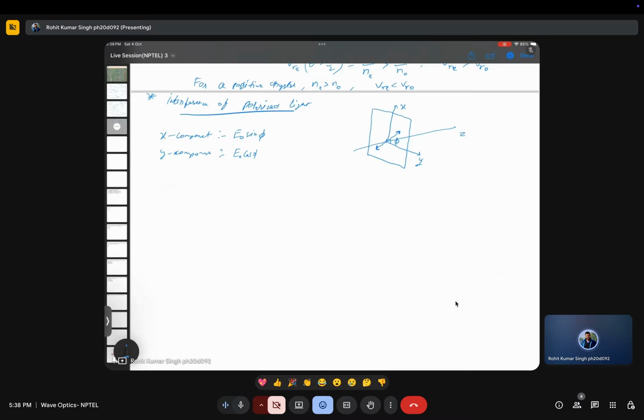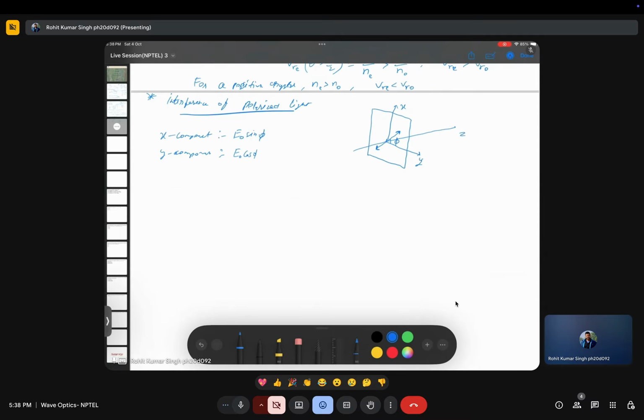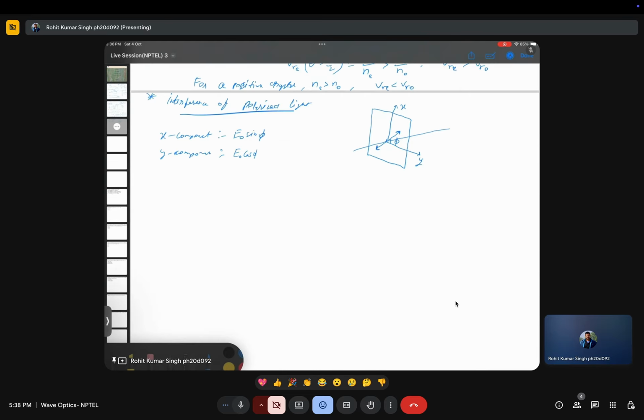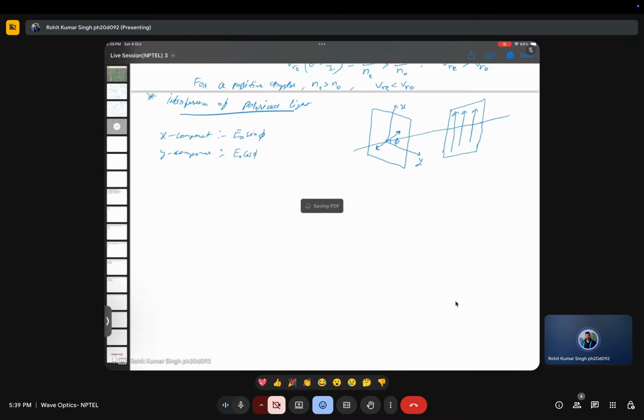And now if you have a polarizer here, which has the optic axis in the x direction, then the x component will be your O ray, ordinary ray, and the y component will be your extraordinary ray, right?